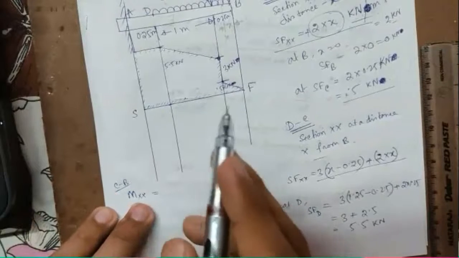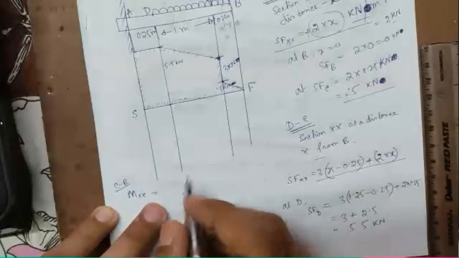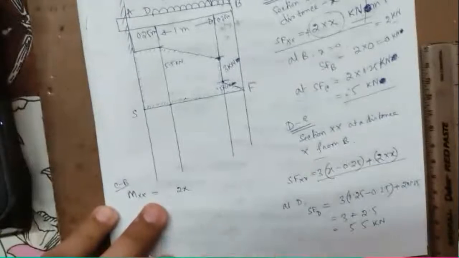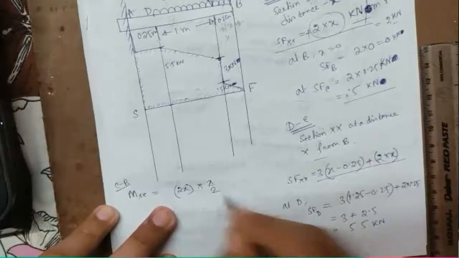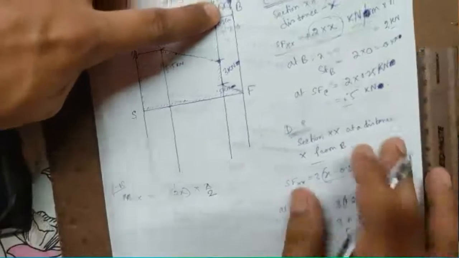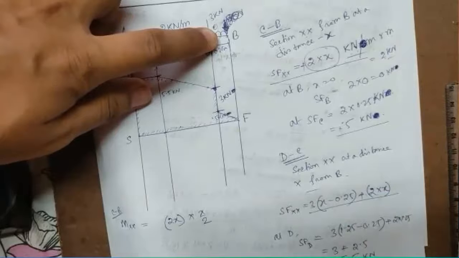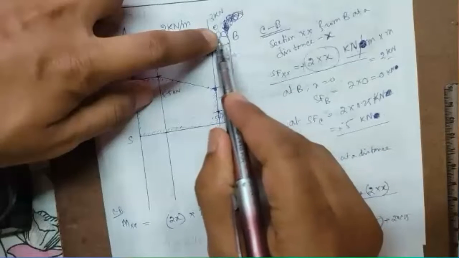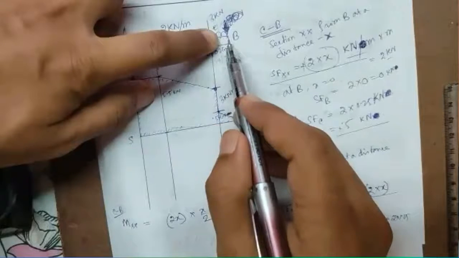will be equal to the load, which is 2 into x, and that load will be working at a distance of x by 2. So if you take section x here, the load working here is 2 into x, and that will work from the center of gravity.